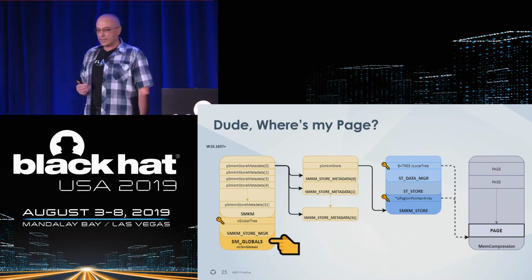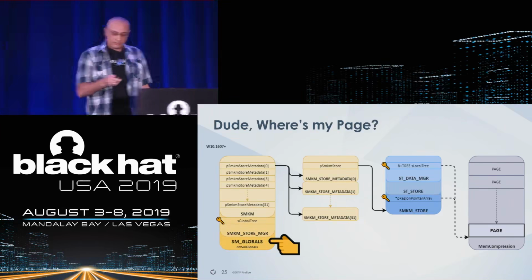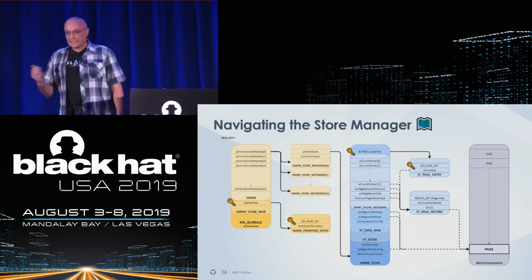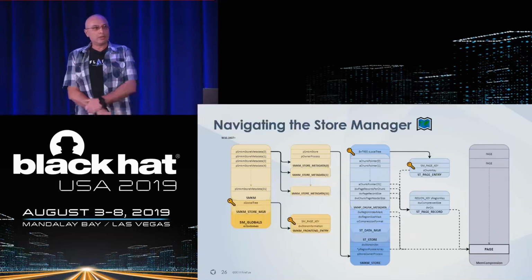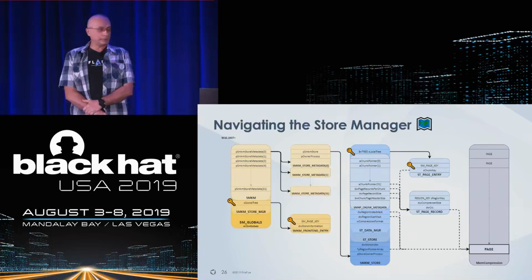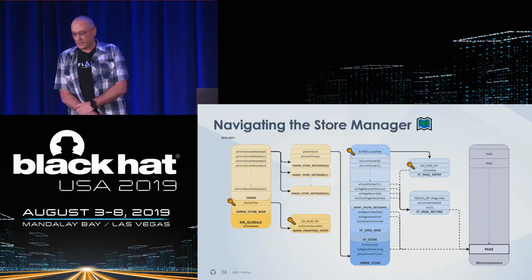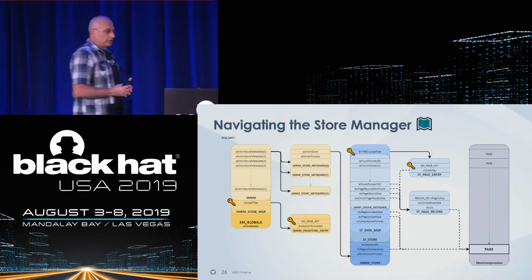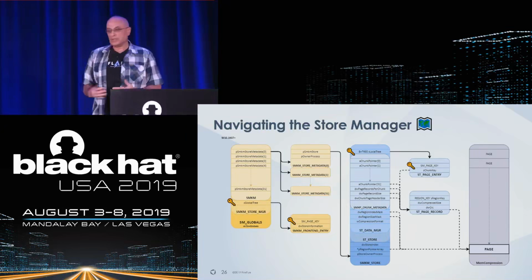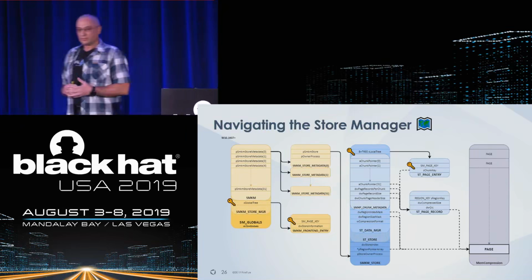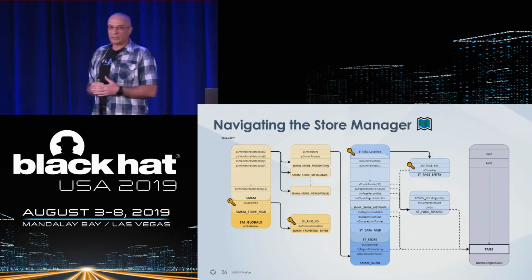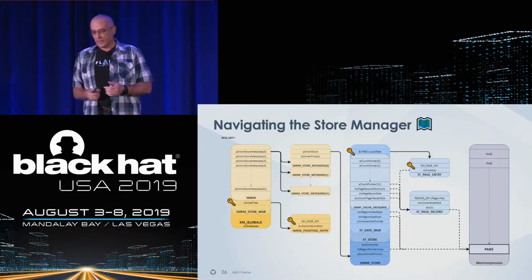And the data inside is used to calculate the virtual address of our compressed page in memory. Currently, all the compressed pages reside inside a dedicated process called mem compression, and I will talk more about it in a few slides or so.